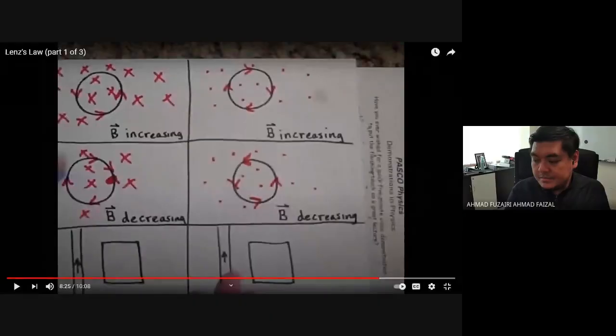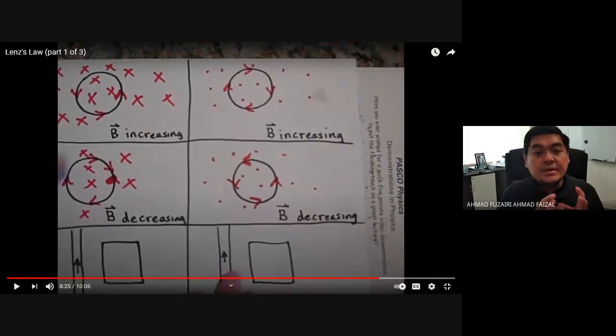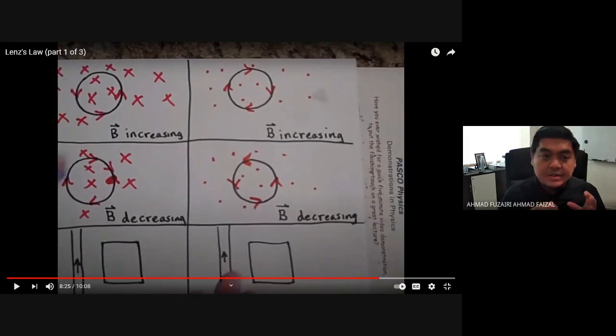Okay, can you see the page here? All right. So now we have Lenz law situations. Now we have a certain current, a loop, certain loops that I give. On the top figure, on your left hand side, top is A, that is B increasing.